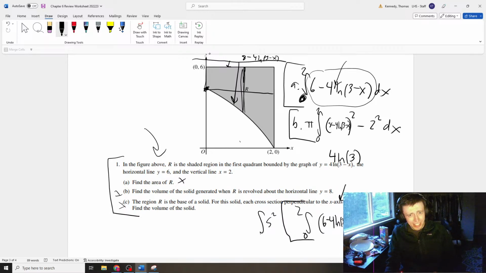That's what that height is? Yeah. You'd have to integrate from 0 to 4 ln 3, and then from 4 ln 3 to 6, if you went over the y-axis. That would have been less chill. And you would have had to add these integrals together.